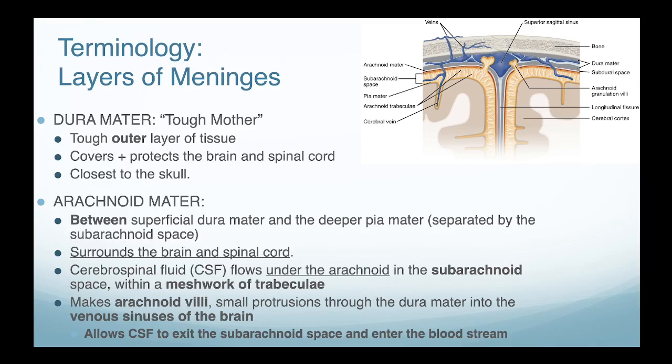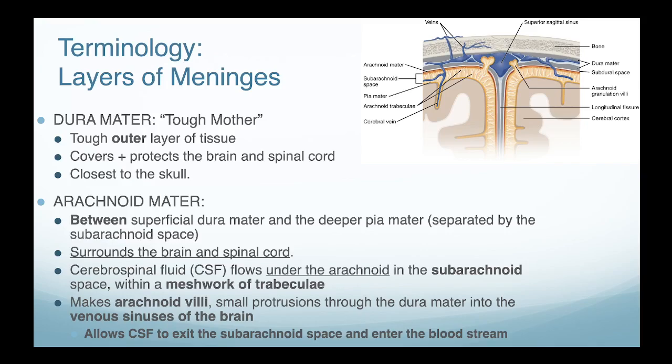And then you have the arachnoid mater, which is going to be the layer that sits directly below the dura mater. And the arachnoid mater, think spider. I like to think of the arachnoid mater as containing the subarachnoid space, which kind of looks like a spider web if you look at it. So think arachnoid, arachnophobia, arachnoid mater being the layer that houses the subarachnoid space.